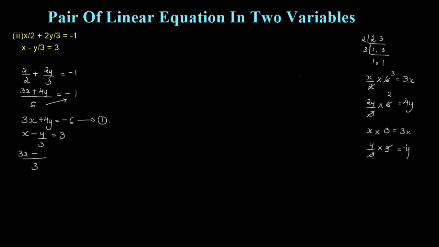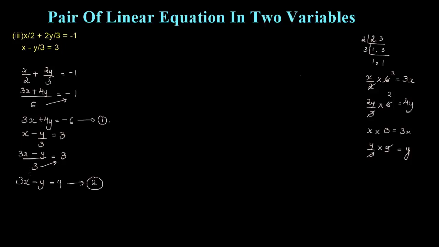So you will have here y is equal to 3. So you can observe 3x minus y, and then you can just cross multiply this, right? 3 into 3, so it will become 9. So you got the second equation also.